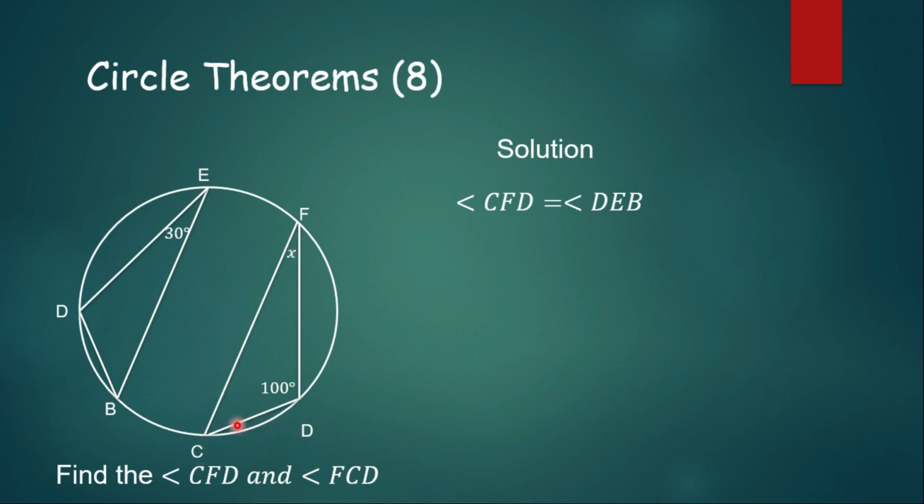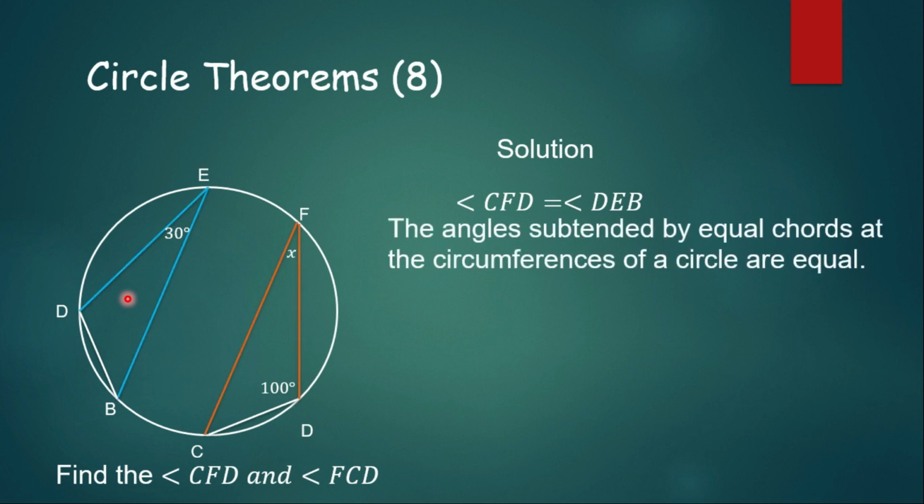We are looking for them. But we know this angle to be 30 degrees. When we know that to be 30 degrees, we know this angle is equal to this. Therefore, x is equal to what? 30 degrees.